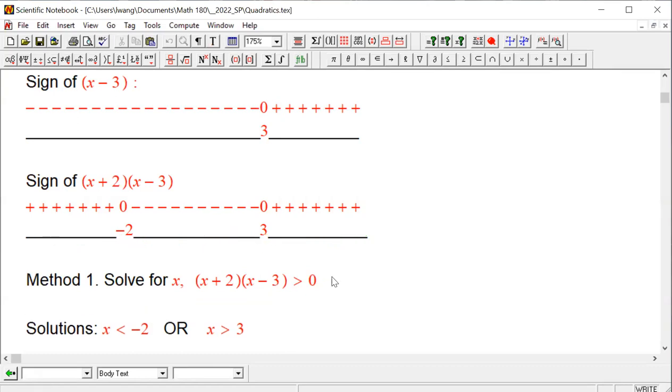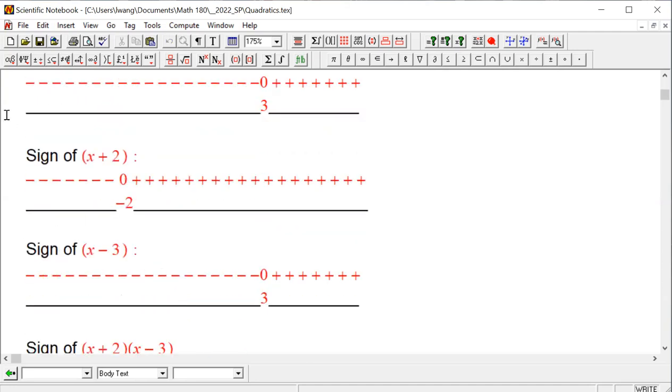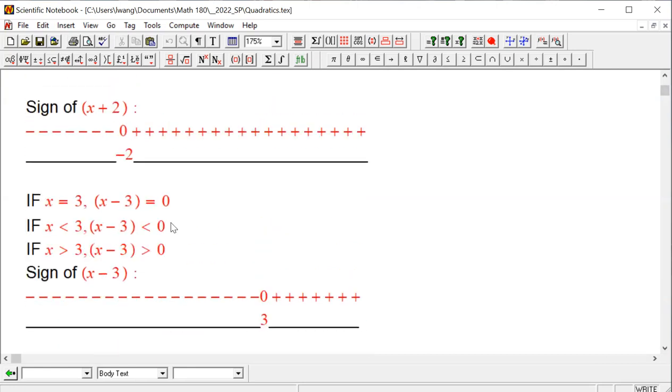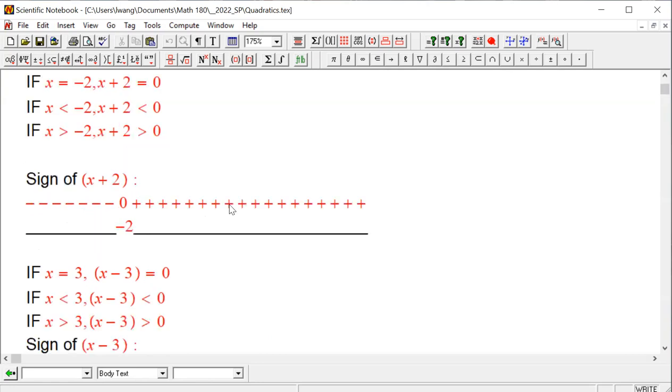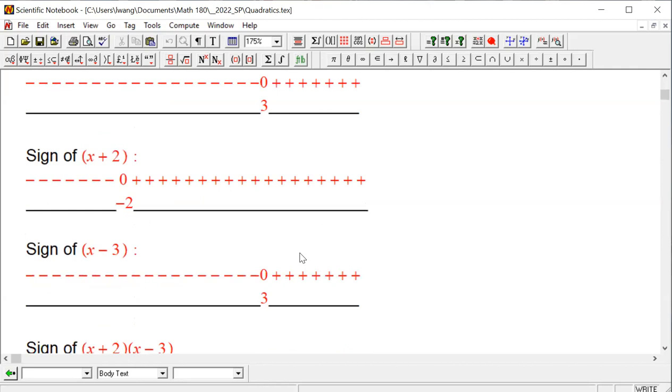Okay, so solution or show work. Okay, show work. What we do is here, you don't need to do all of these analyses. I'm putting it here just to analyze and explain to you.